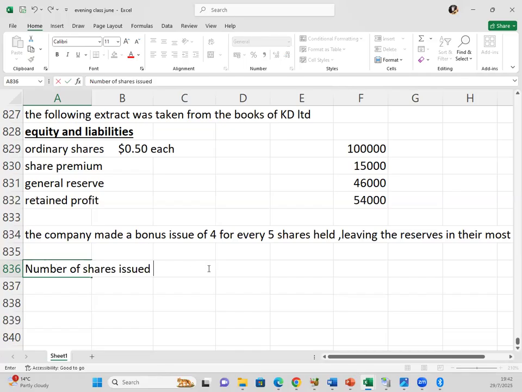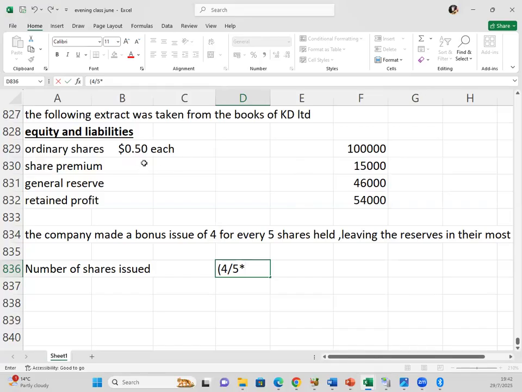The number of shares issued is 4 for every 5, so 4 over 5 times how many shares the company had.